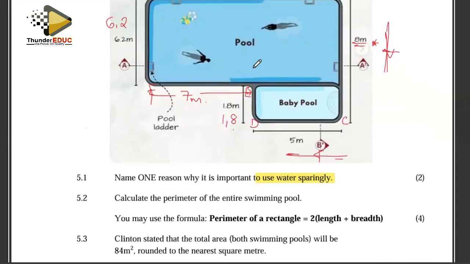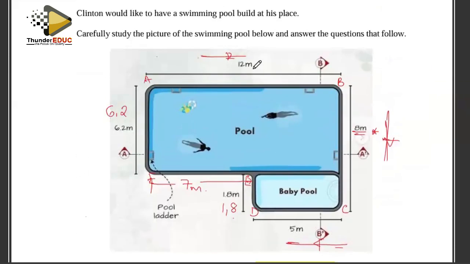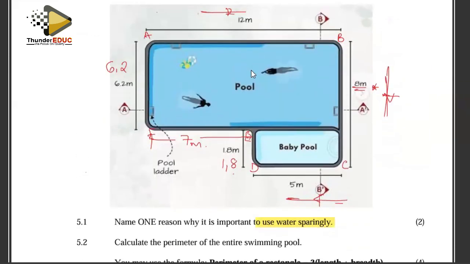I have side 1, side 2, side 3, side 4, side 5, and side 6. When I add side 1 plus side 2 plus side 3, side 4 plus side 5, and plus side 6, I should get my perimeter.